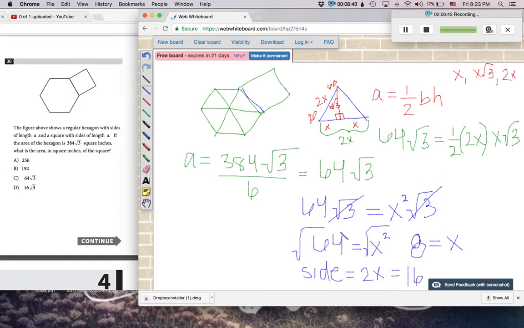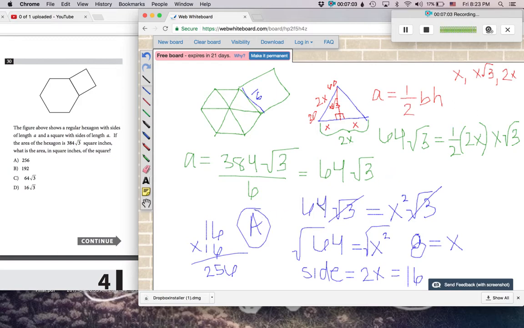Okay, so one side is 16. Aha, now can we find the area of the square? Absolutely. 16 times 16 will give you 256. You're allowed to use a calculator on this one. No sweat. The answer is A.